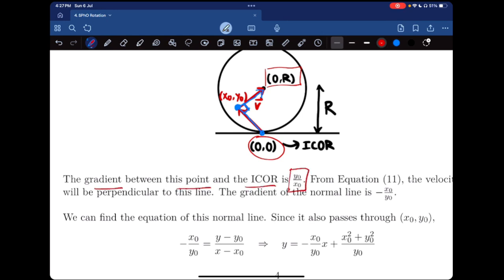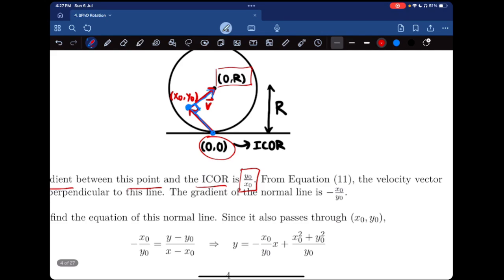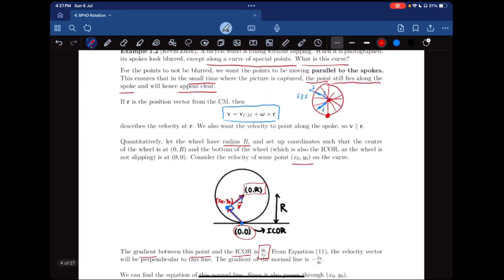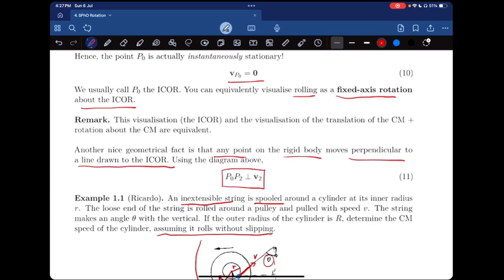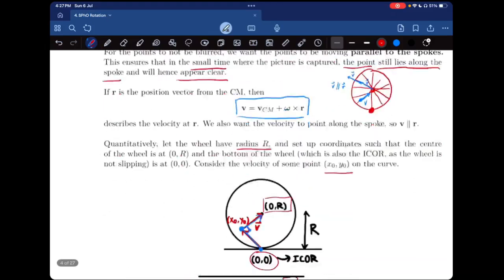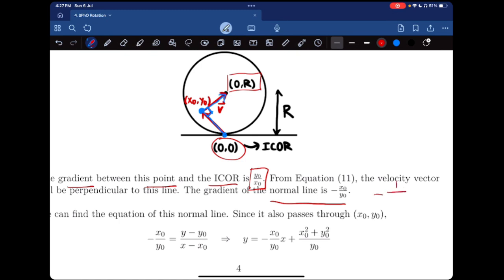It's just simply this. And from equation 11, which is this, the nice geometrical fact, you can see that because of this, the velocity vector is perpendicular to this gradient. And so the gradient of the normal line will be -1 over y0 over x0, which is just this.